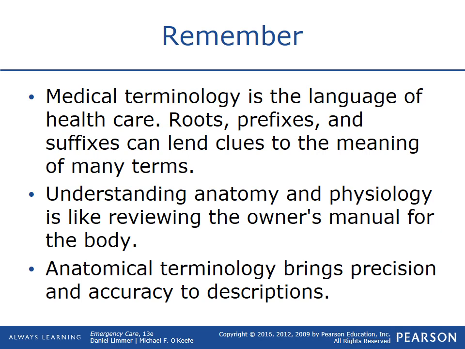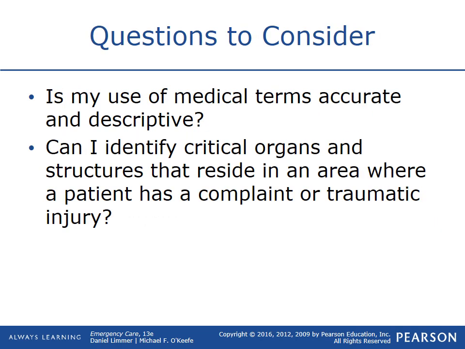Understanding anatomy and physiology is like reviewing the owner's manual for the body. And anatomical terminology brings precision and accuracy to descriptions. Is my use of medical terms accurate and descriptive? Think about that. If somebody else were listening to the way I described a patient's care, would they understand?